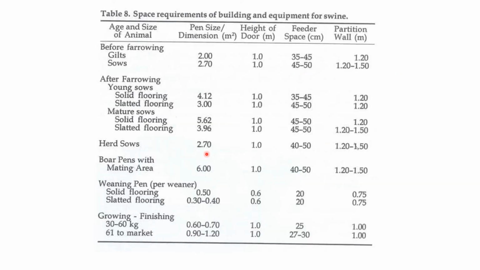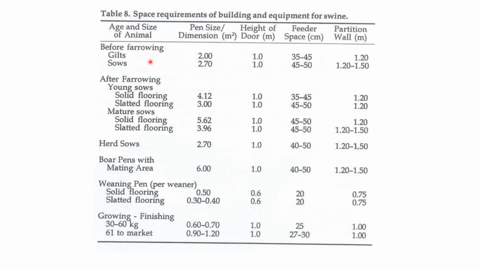So here we have yung space requirement of building and equipment for swine. So you have here yung age and size of the animal, yung pen size niya, yung height of the door, feeder space, and the partition wall. As you can see, iba-iba talaga yung space requirement for different ages and size of the animal.